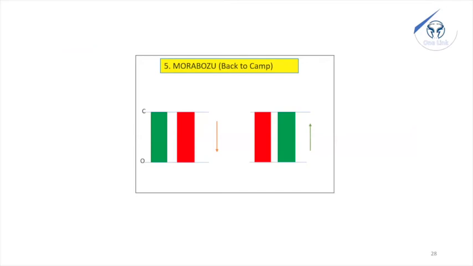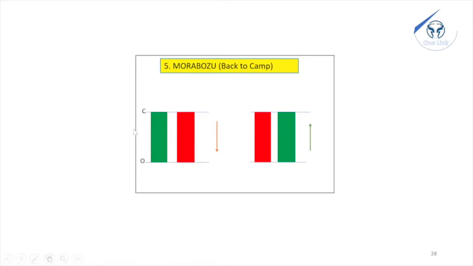When you see two candlesticks side by side, it gives you a very clear indication the price is going to reverse. This is another reversal candle pattern that very rarely happens. If it happens, then it's a very good sign. We call it Marubozu.